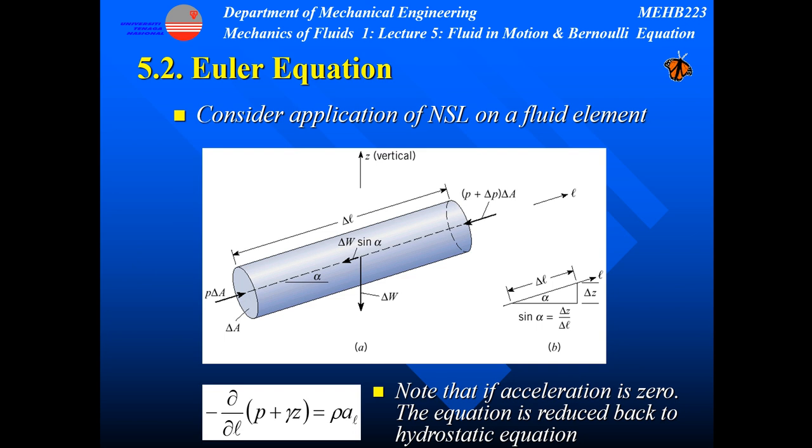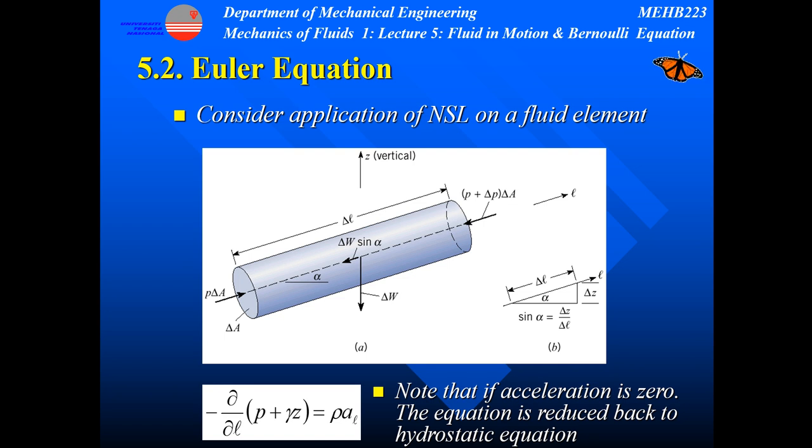So when you want to analyze the fluid flow, you need to use some equations. So one of the equations that can be used is the Euler equation. From the Euler equation, it can also be integrated to obtain another equation which is called the Bernoulli equation.